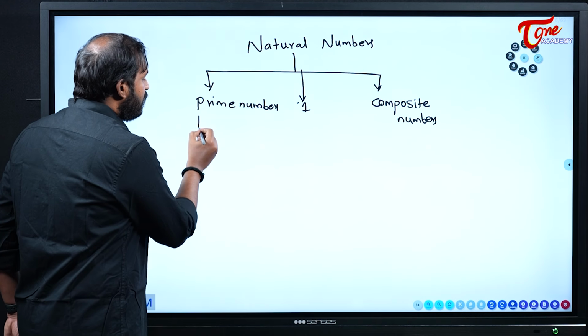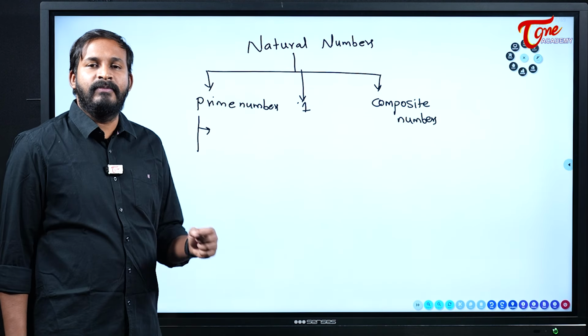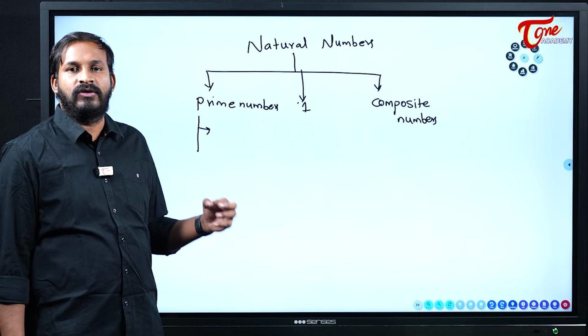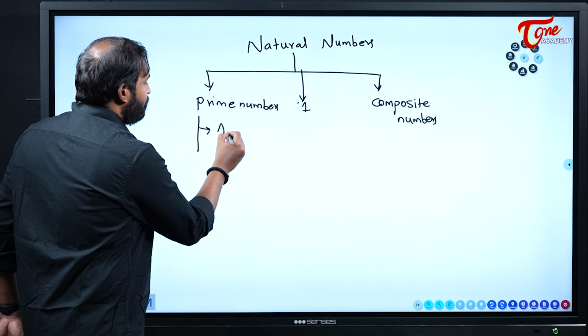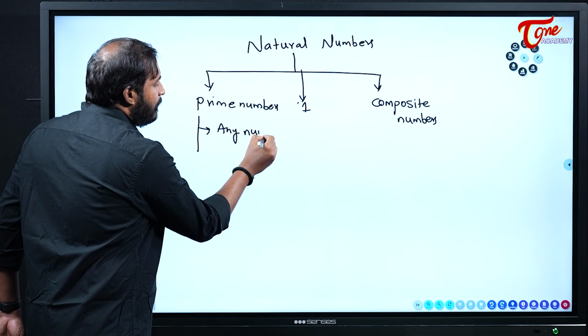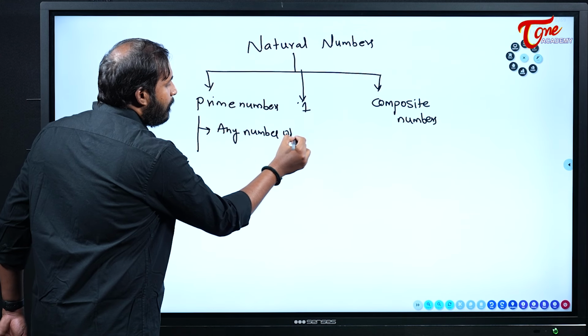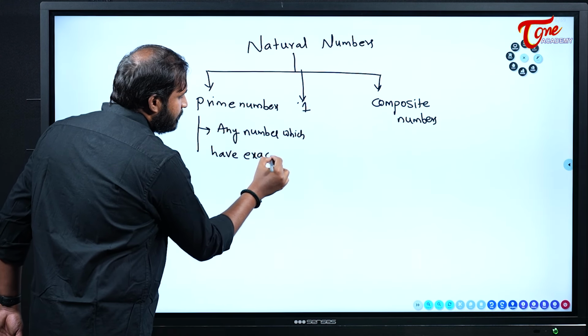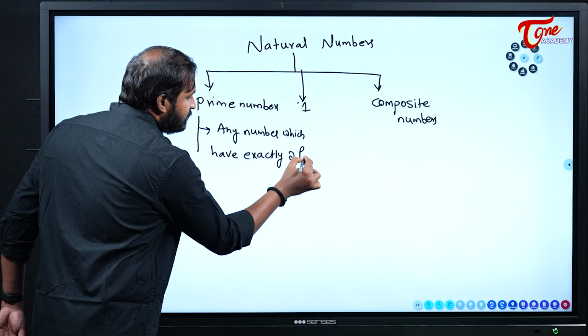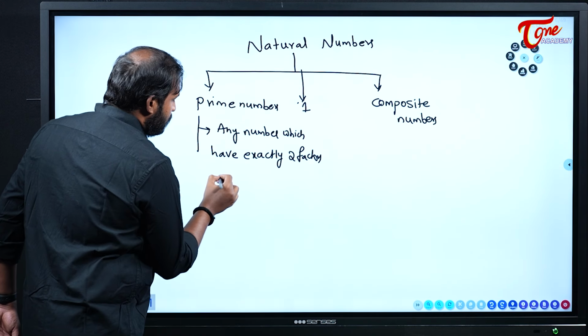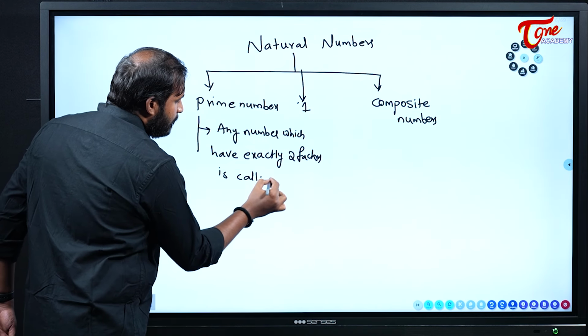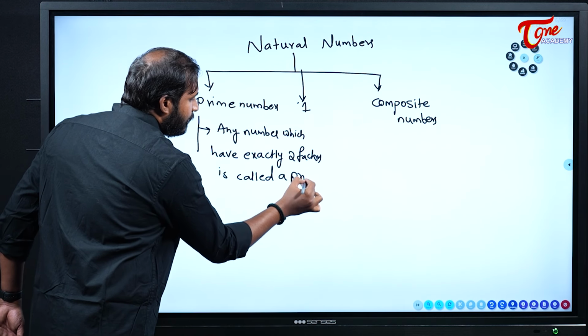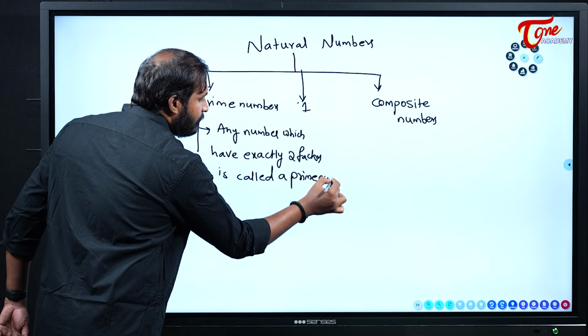Now, prime numbers. We all know what are called prime numbers. Any number which has exactly two factors is called a prime number.